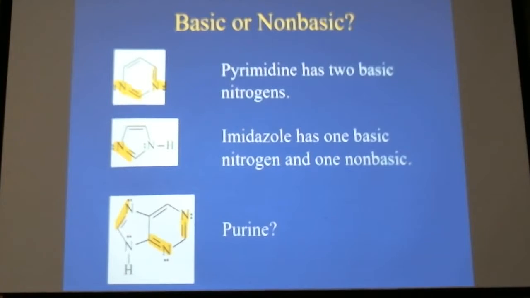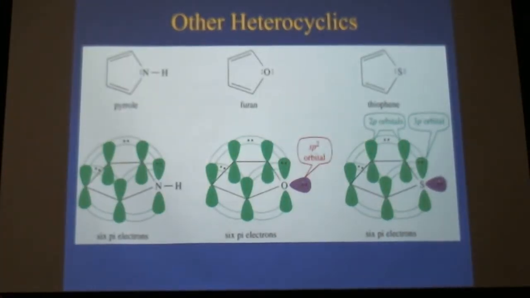Yes? If it was instead of NH, OH, would that also be okay? The analysis is the same, except that with an oxygen or with a sulfur, in NH, you only have one pair of electrons. So is that pair of electrons part of the aromatic ring or not? And when you have oxygen or sulfur, you have two pairs of electrons.